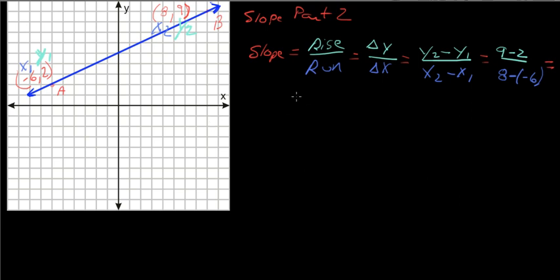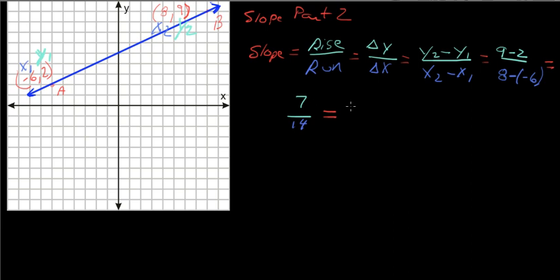So 9 minus 2 is 7, and 8 minus a -6 is the same as 8 plus 6. That's 14. And what does that equal? That equals our slope, which is, what does that reduce to?